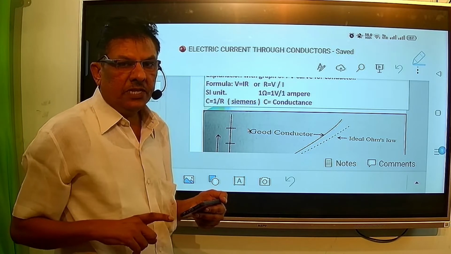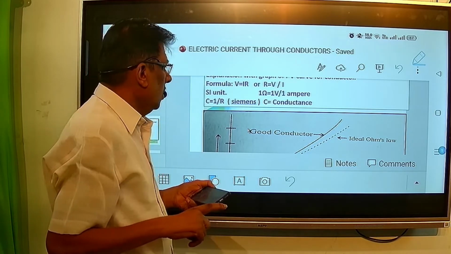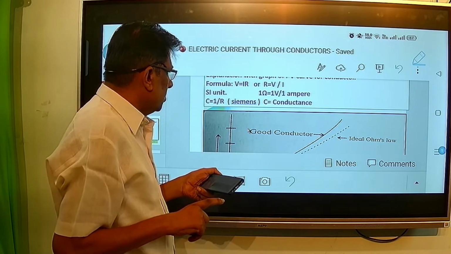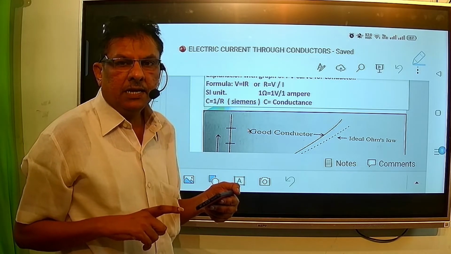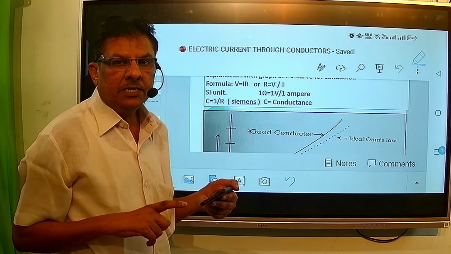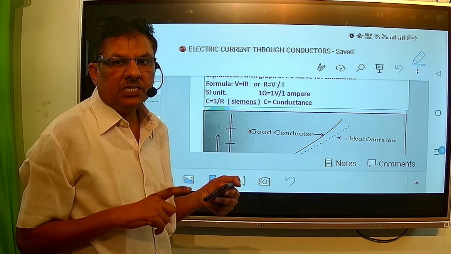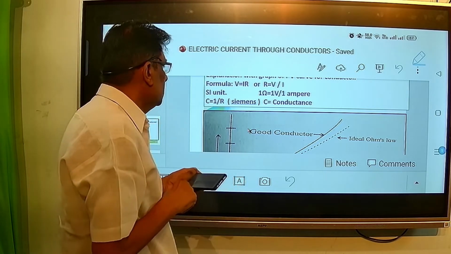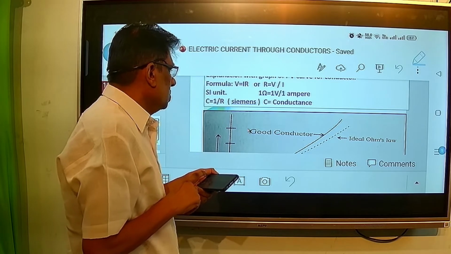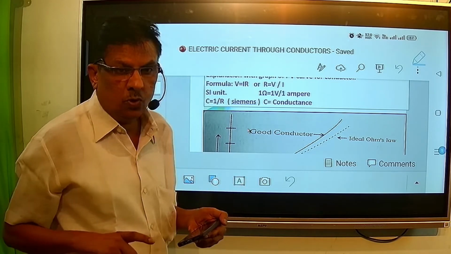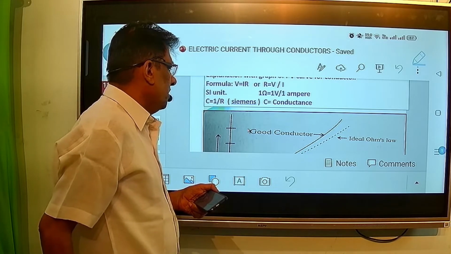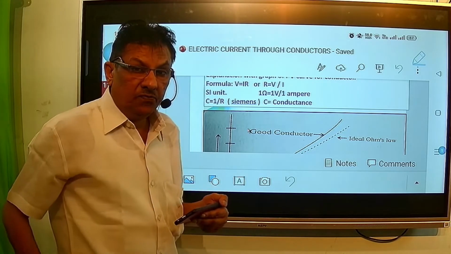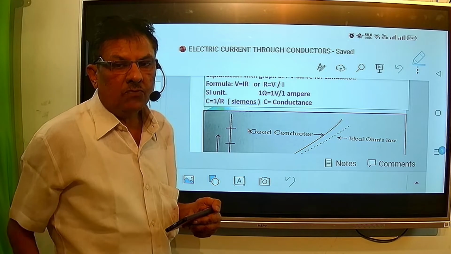So if you take the ratio of 1 volt to 1 ampere, we get an equivalent of this ratio that is named ohm. So 1 ohm is equal to 1 volt per 1 ampere.